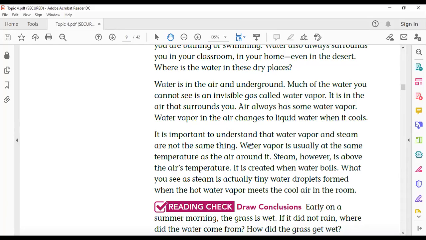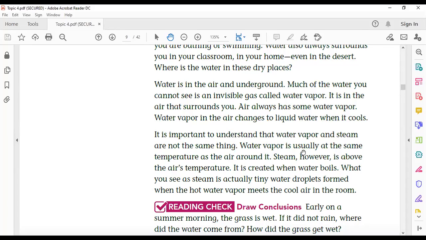It is important to understand the comparison between water vapor and steam. What is the difference between water vapor and steam? They are not the same thing. Water vapor is usually at the same temperature as the air around it. This is the first difference.